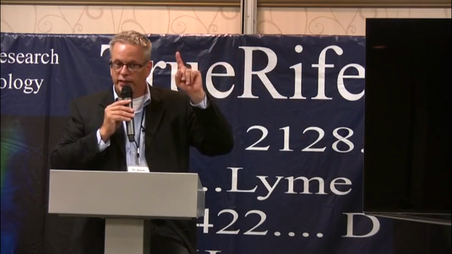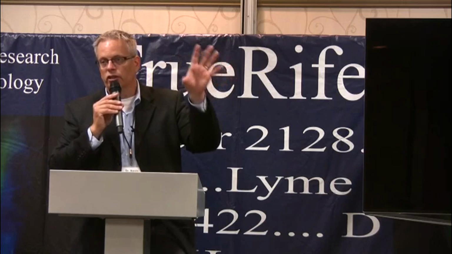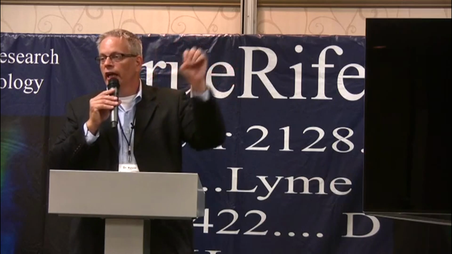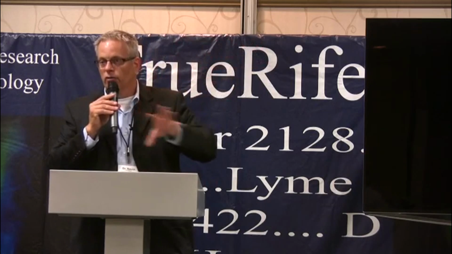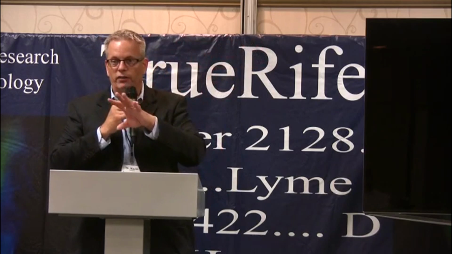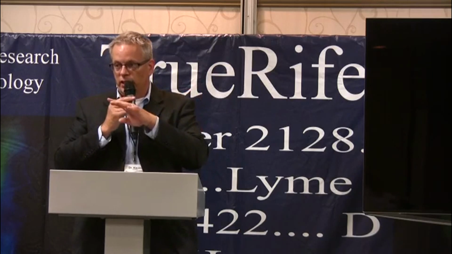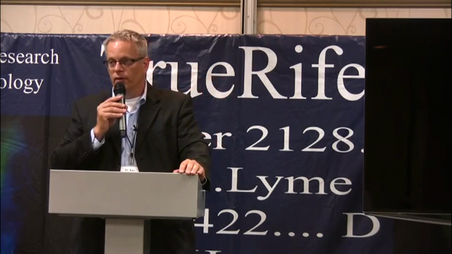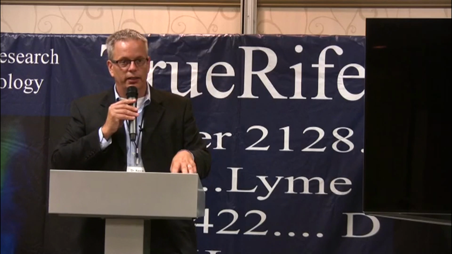Every cell in your body will replicate a new cell, and the mother cell will die. And that is how your body survives. You slough off skin cells because you replicated new skin cells, and the other skin cells died and sloughed off. That's called apoptosis, a programmed cell death.